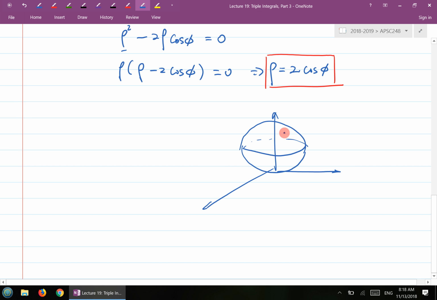Let's say I pick a point somewhere here, then you can always create another circle passing through that point. That makes sense? Right. So any point you pick on the spherical surface, you can always create another great circle passing through that point. It's like a slice of the orange.